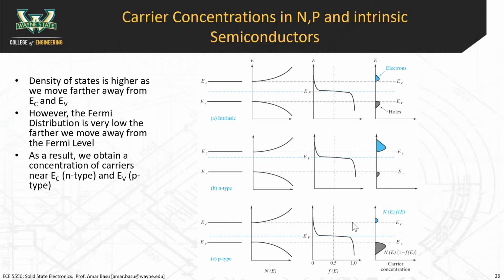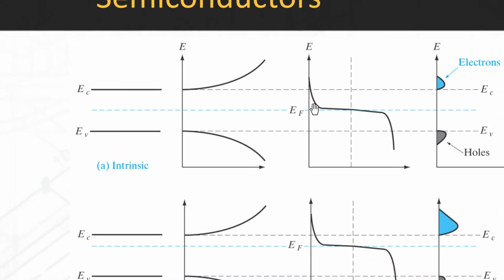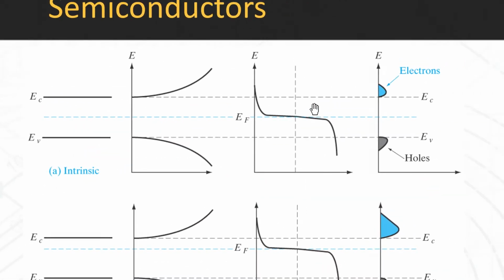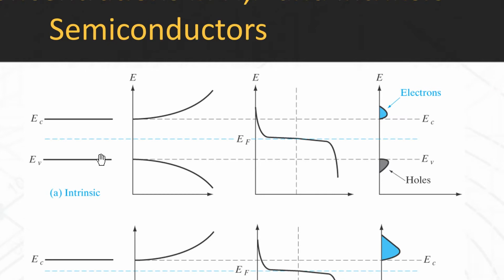This is a qualitative look at the carrier concentrations in n-type, p-type, and intrinsic semiconductors. We're taking into account the density of states and the Fermi function. This is not formulaic, it is purely conceptual, but it's important that you understand this as well. We'll start with the intrinsic semiconductor.